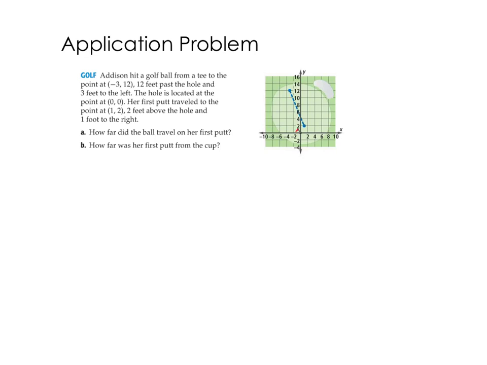Well, if we look at this, she's putting from the tee at (-3, 12) and then to the point (1, 2). So we need to find the distance between those 2 points. So if -3 would be x1, 12 would be y1, x2, y2, I'm going to use that distance formula that we already learned about.